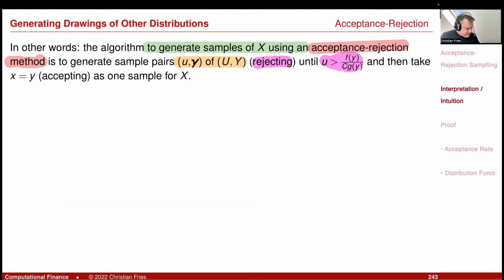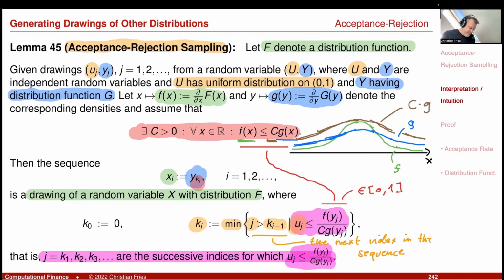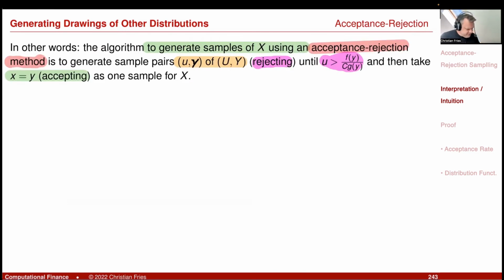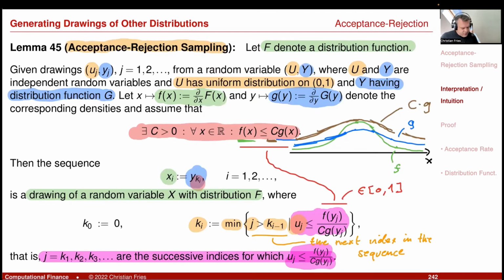And then accept the point, so set x to y, if this criteria is fulfilled. Maybe the until here is a bit strange, so maybe it should be as long as this criteria is fulfilled, so u is larger than that. All those guys we reject. And once we observe that it's the other way around, we just take this sample point.